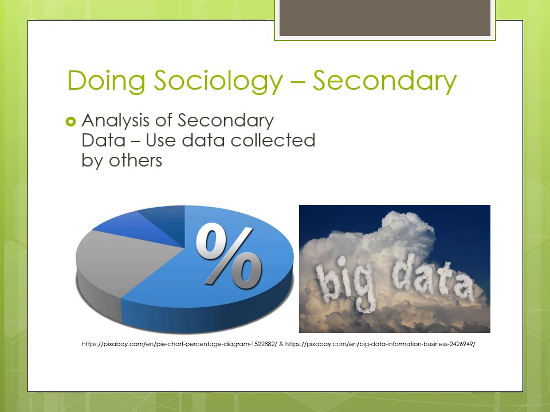Our society uses a lot of secondary data. Other types of secondary data are things like medical data, school data, data for just about anything that you can think of.